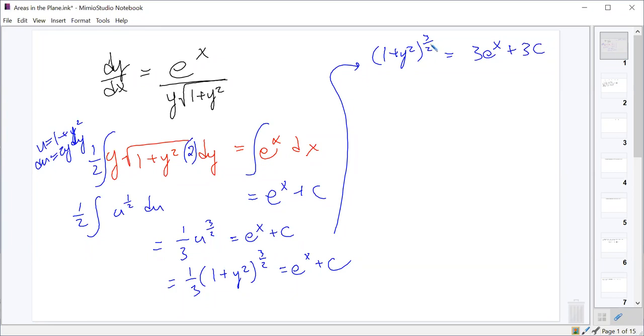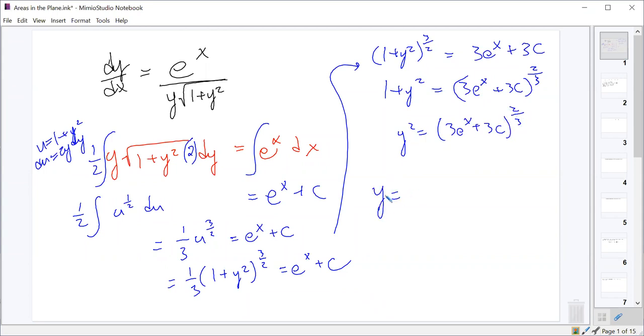And then to clear out a 3/2, we'll raise to the 2/3 power, which is the same as squaring it and cube rooting it. Or we can just write this as 3e to the x plus 3c to the 2/3 power. That's also fine. We'll subtract 1 from that. And then we'll need to square root it.